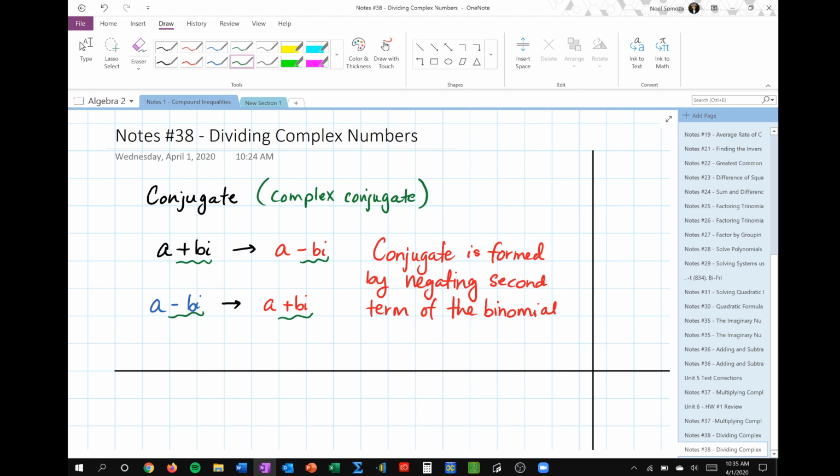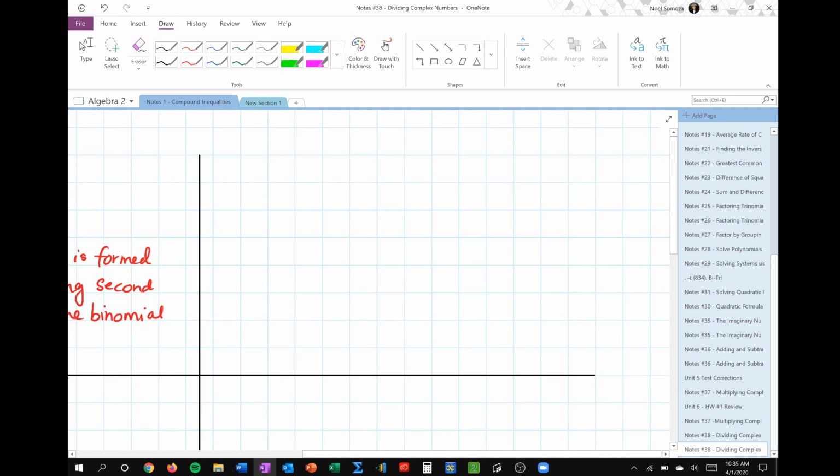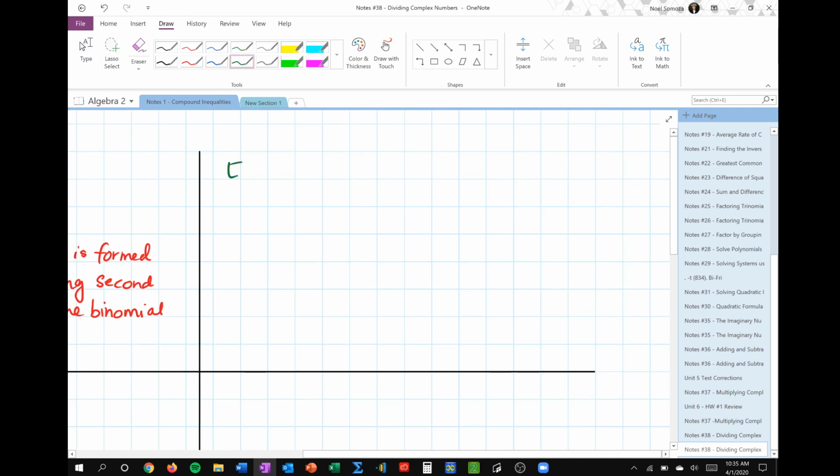All right, let's practice real quick what complex conjugates are. Let's say you are given 5 minus 3i and you are told to find the conjugate. Sometimes you might see it as reciprocal.